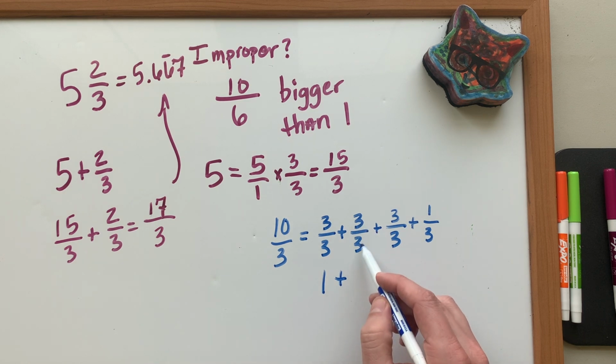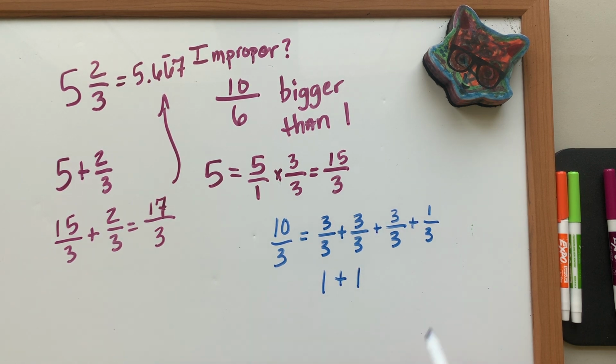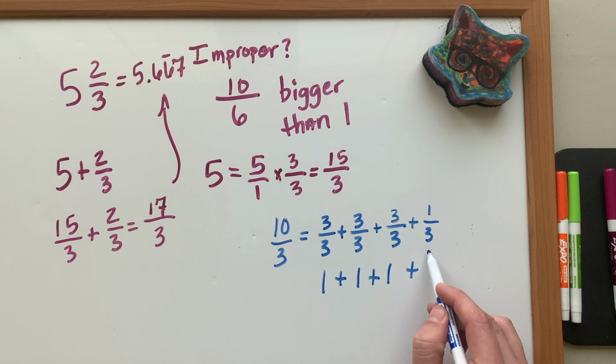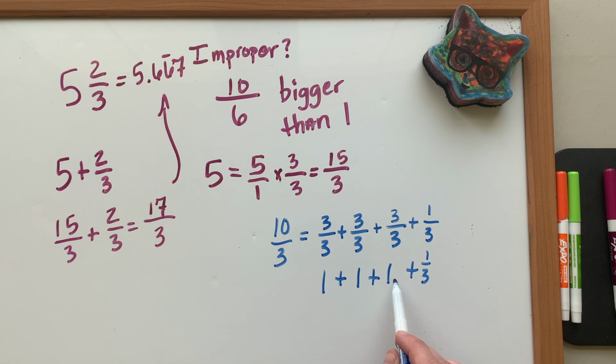Plus, well, this one has a value of 1, and so does this. Plus, we'll bring along that 1/3 at the end. 1, 2, 3, my whole number is 3, and we add that 1/3 at the end, and 3 1/3 is the mixed form of the improper fraction 10/3.